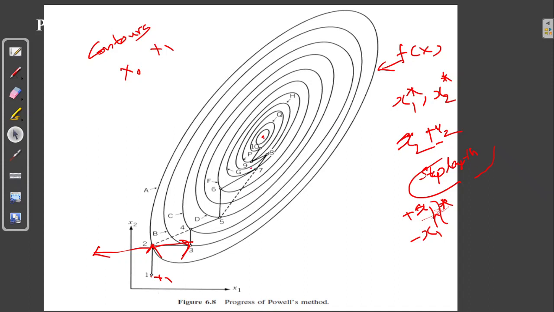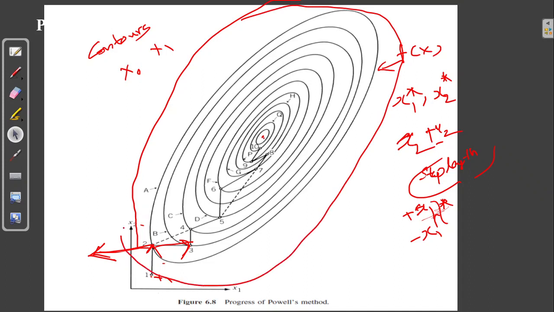In this figure it is very clear that if you go in the minus x1 direction, the new contour will be like this. That means the contour is getting bigger, so the minimization will not be possible.